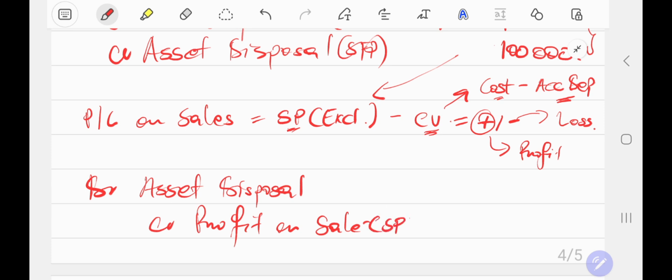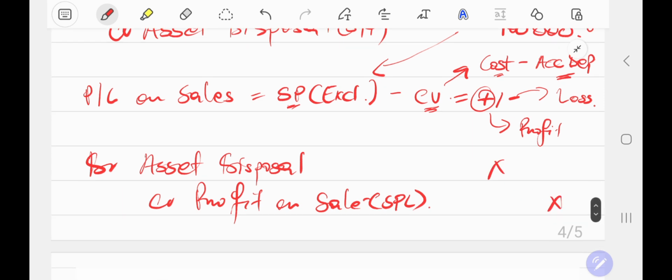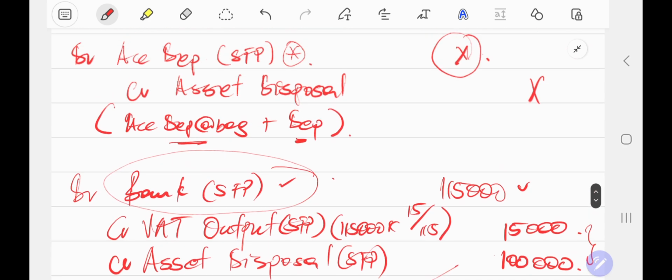So SPL. So you'll credit profit on sale and then debit asset disposal. And then if we had made a loss, this amount was going to be negative. A loss is an expense, and expenses decrease equity on the debit side. So that means that you debit loss on sale and then credit asset disposal. Does it make sense? So it's going to be like that, you see. And then you're done with your ledger accounts.